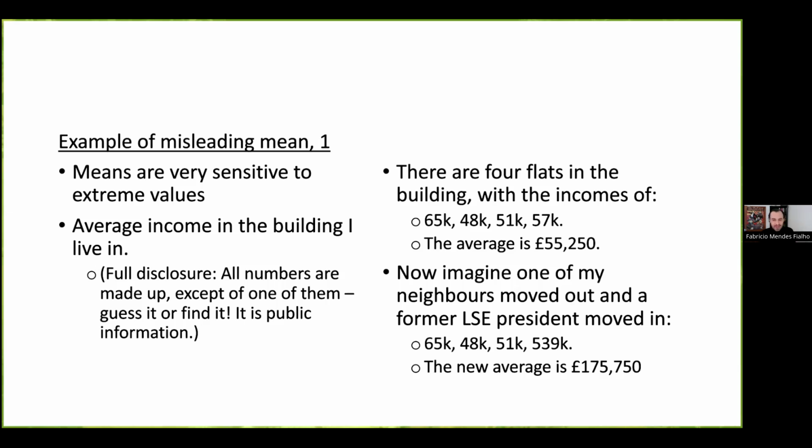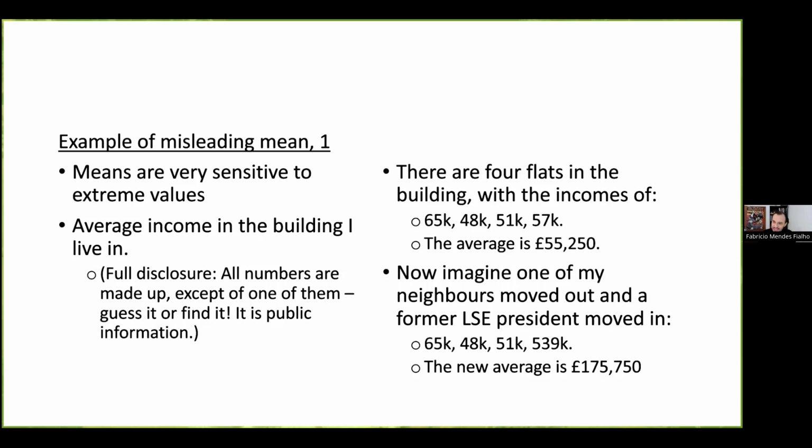Let me give you an example here. It is an example that I just made up. I have no idea what the real numbers are, but let's imagine I live in a 4-flat building. And I'm curious to know what is the average income in the building I live in.